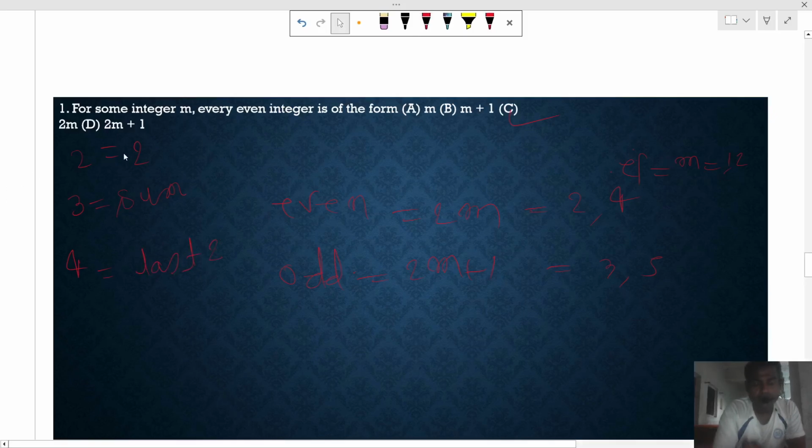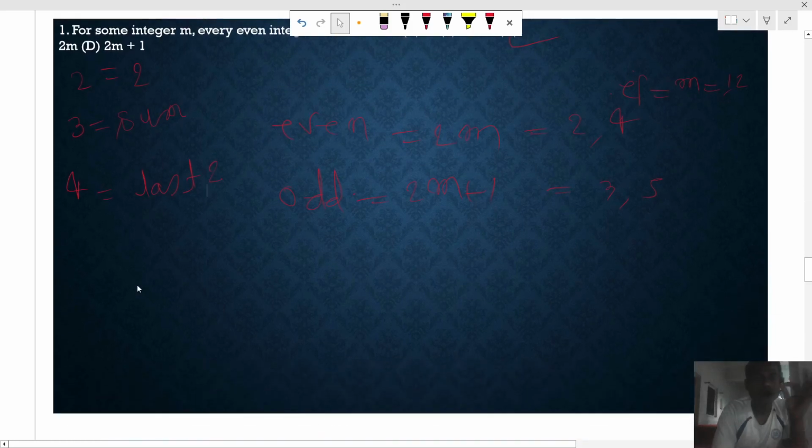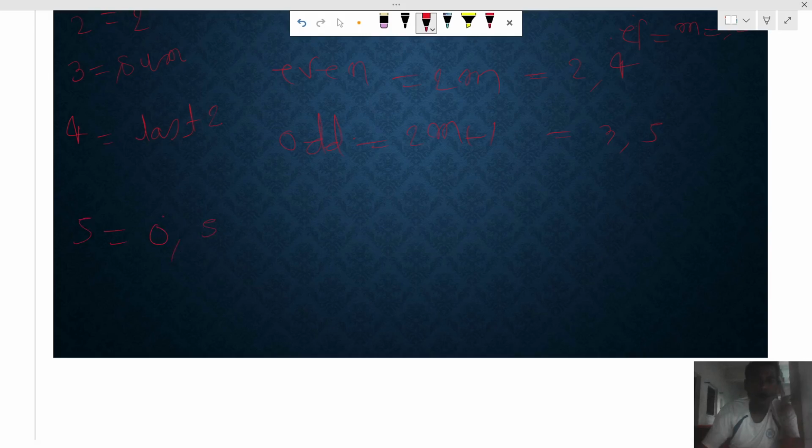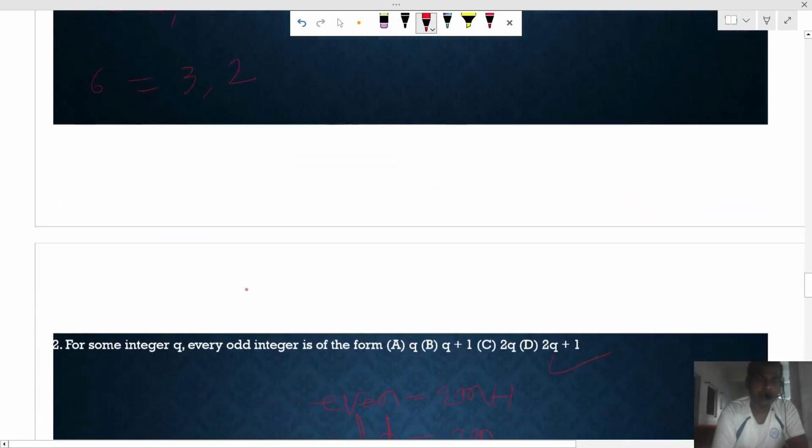Of 5: the unit digit should be 0 or 5. Of 6: the number should be divisible by 3 and 2, that means the unit digit must be even, and the sum of digits will be divisible by 3.